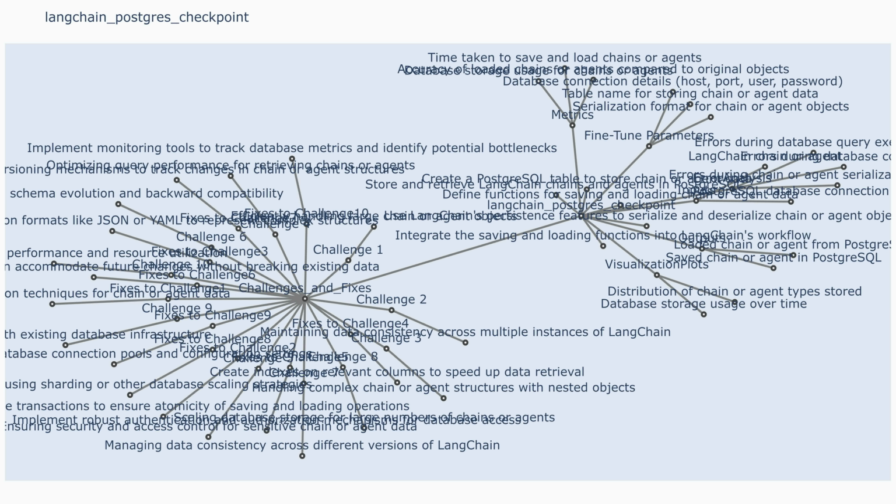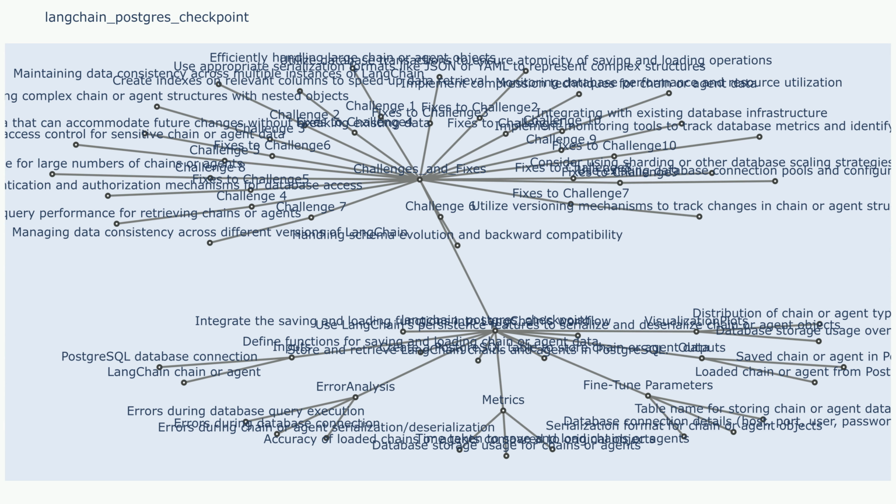Langchain Postgres Checkpoint. Description: the Langchain Postgres checkpoint is a method to efficiently store and retrieve the state of a Langchain agent in a PostgreSQL database. This checkpointing mechanism allows for resuming interrupted workflows, loading historical interactions, and managing large amounts of data. Inputs: agent: the Langchain agent whose state needs to be saved.